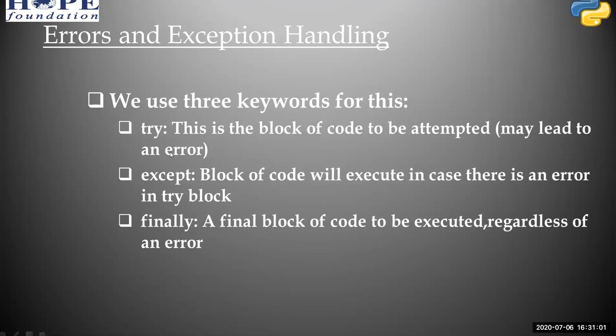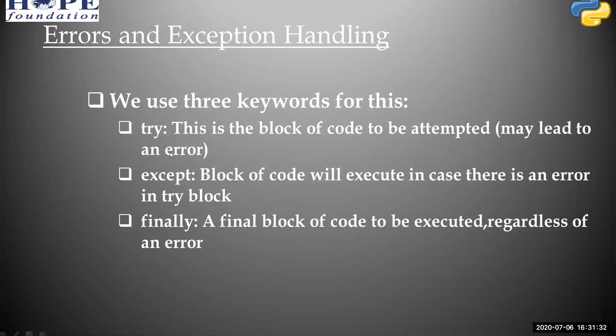So we already know what try and exception are. If there is any error in the try block, it goes to exception, and exception runs some code or just prints some words. Next is finally. Finally doesn't check try or exception.